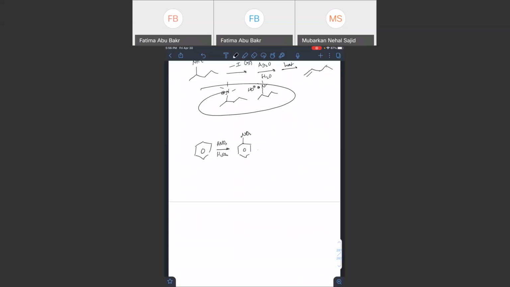After that, to change that into an NH2, we can do Fe, HCl, and OH. And that will change the NO2 into an NH2. But then, this is the new part. The next step we can take is to react this with, and this one's a little bit complicated, NaNO2, H2SO4, H2O, and basically cold.